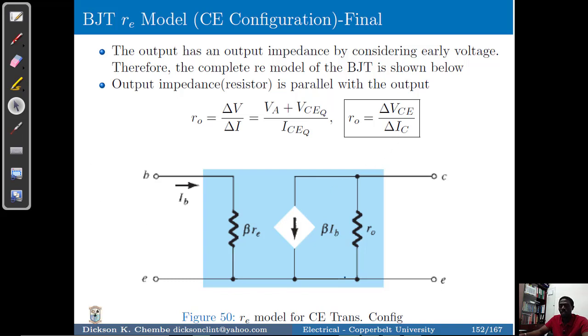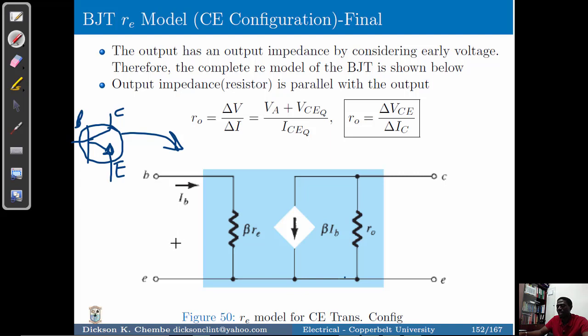So in short, the transistor symbol is fully replaced by a model. So this transistor symbol, which is the base, collector, emitter, is now represented by this system. So this configuration, which is the r-e model, represents the transistor in full.